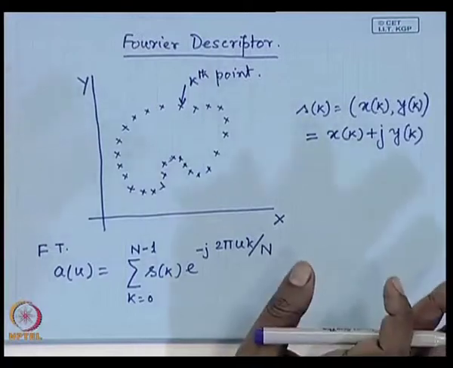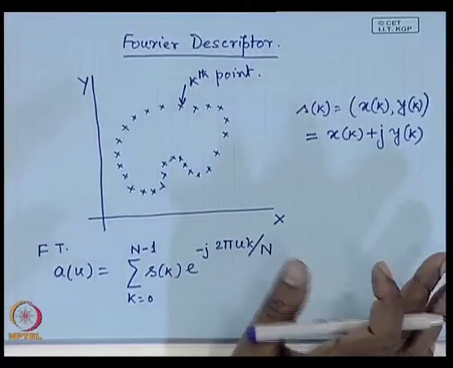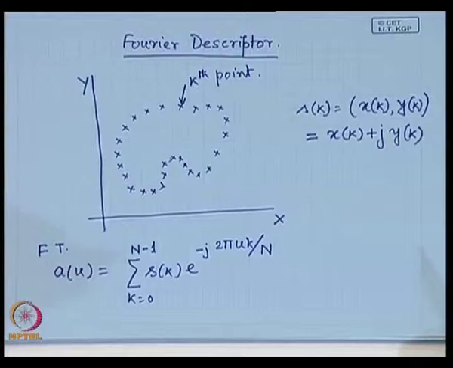Okay. So, what I am simply doing is I have a set of two dimensional points which are nothing but the boundary points. These points are represented as complex numbers. So, I have a set of complex samples. I take the Fourier transform of that set of complex numbers.